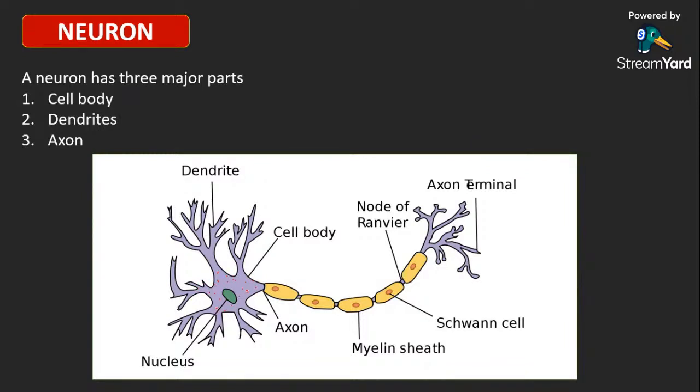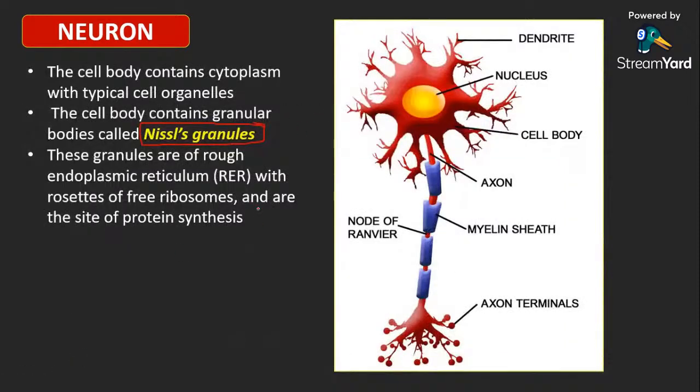So these granule-like structures you will call Nissl's granules. These granules are of the rough endoplasmic reticulum with rosettes of free ribosomes and are the site of protein synthesis. Always remember rough endoplasmic reticulum associated with free ribosomes, which are the site of protein synthesis. Very, very important.